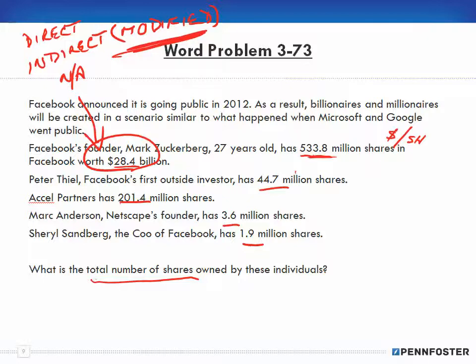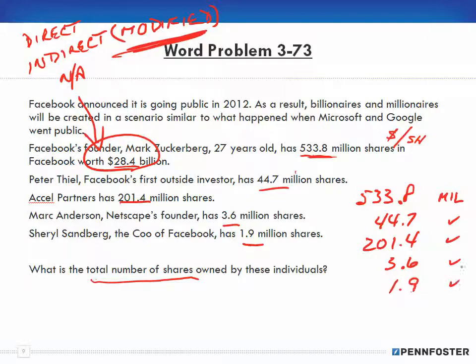So let's see here. I'll do it on this slide instead of going to a new clean slide. And so I have 533.8 million shares. Keep my decimals aligned properly. Then I'm going to add 44.7 million, 201.4 million, 3.6 million and 1.9 million.